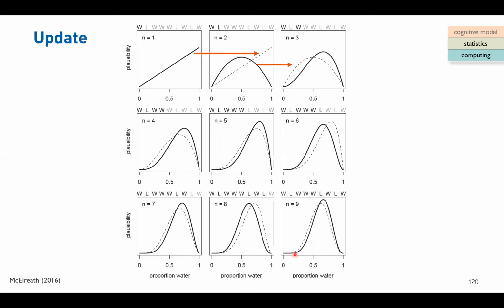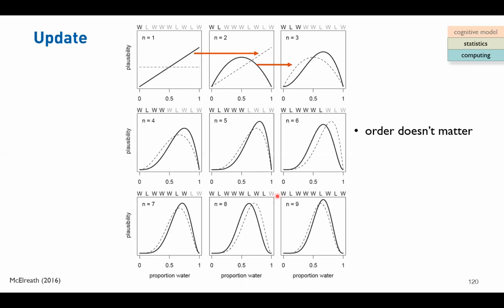So the very last observation is this one. So this solid line here is the overall posterior curve given the entire sequence of the observation. Okay. And after this, you might want to draw some conclusion, right? This is what we always do. Actually, order doesn't matter.